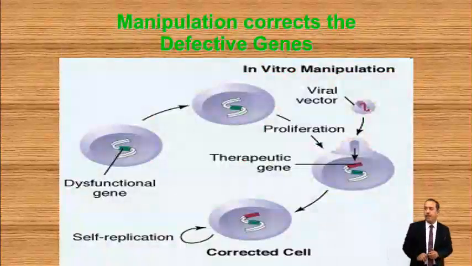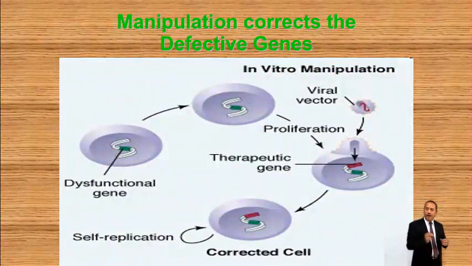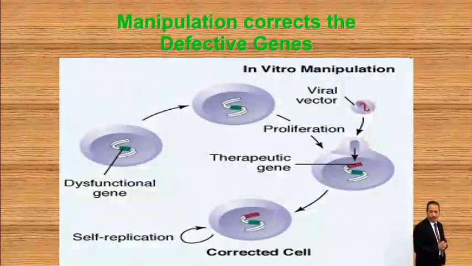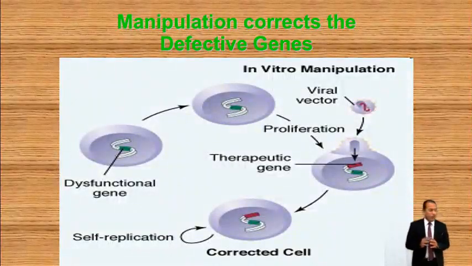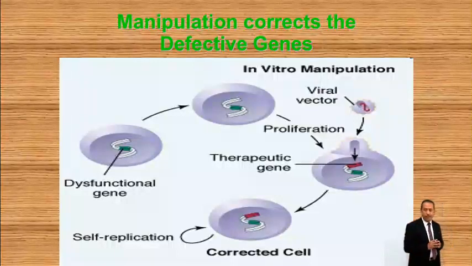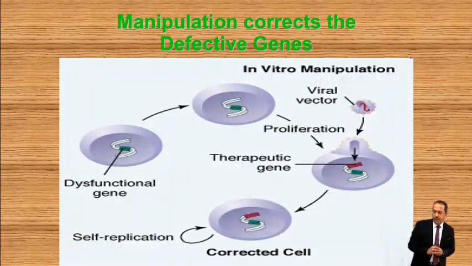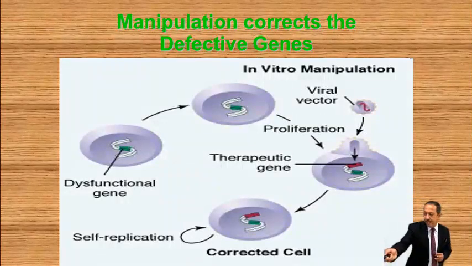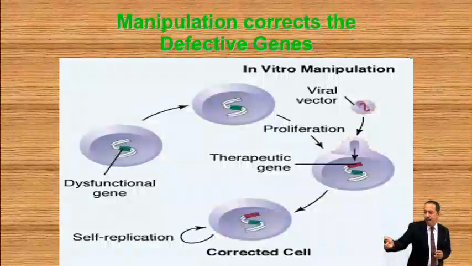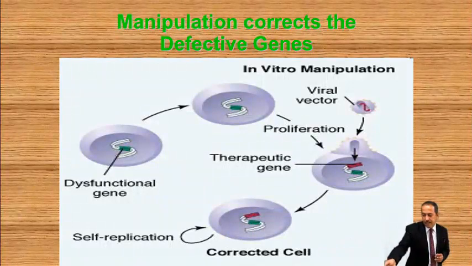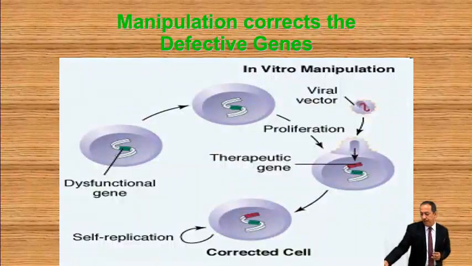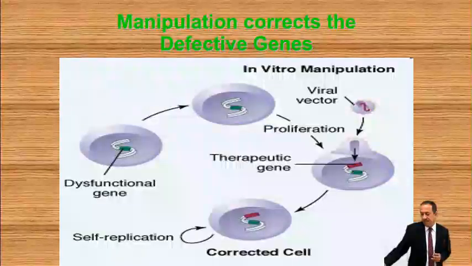How does the manipulation correct the defective genes? How will correction occur? As you show here, in vitro manipulation, this represents the dysfunctional gene. And this functional gene will be self-replicating to corrected cells.